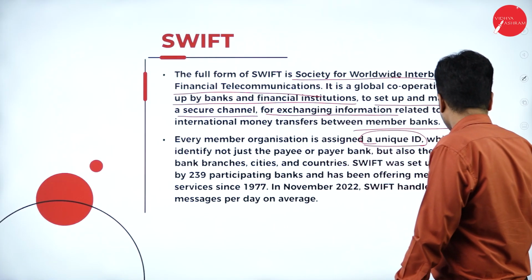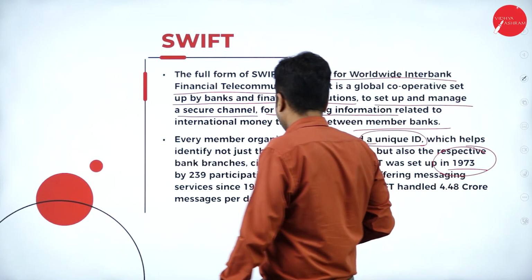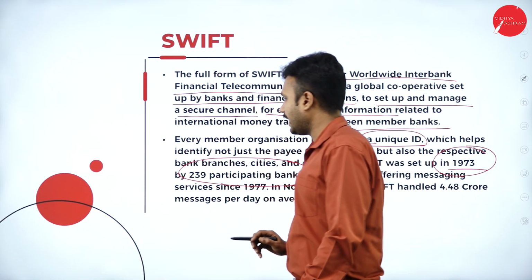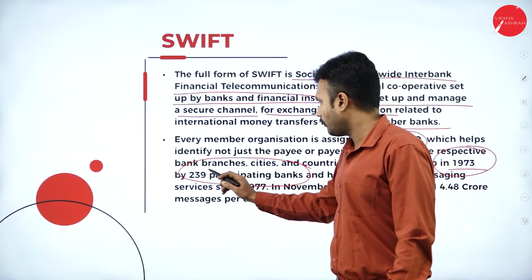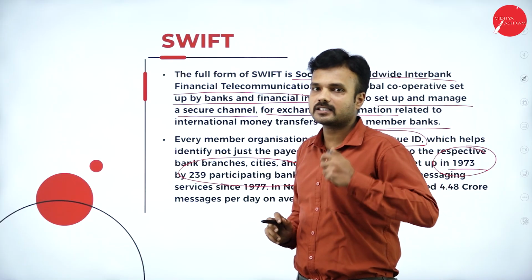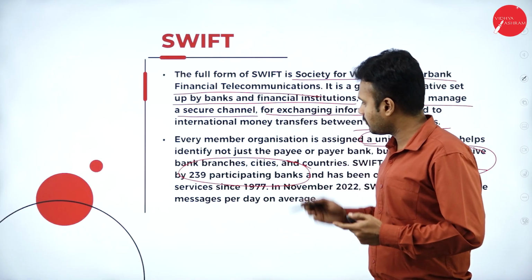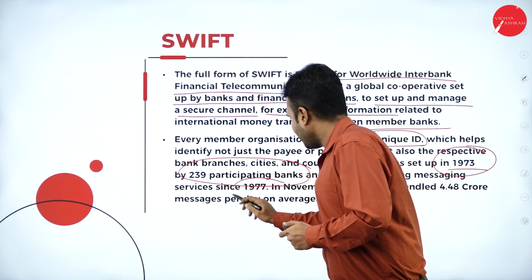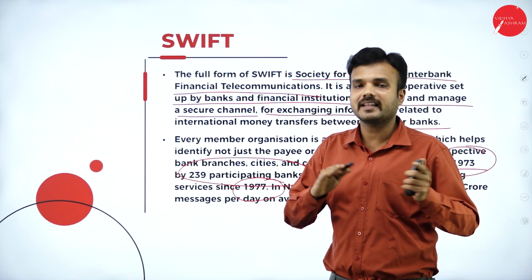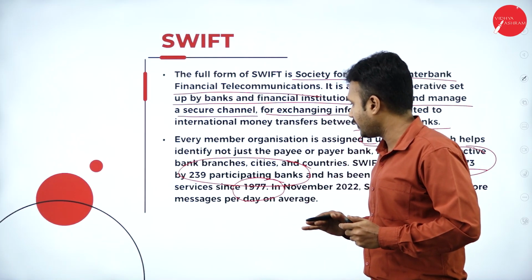SWIFT was introduced in the year 1973, and at the beginning it started rendering service for 239 participating banks. It started sending financial messages from one branch to another in 1977.